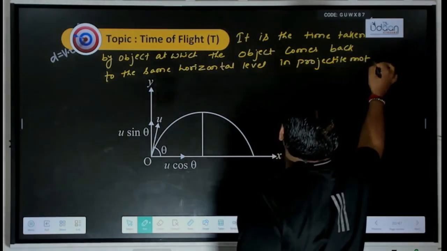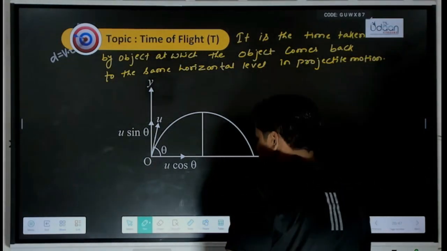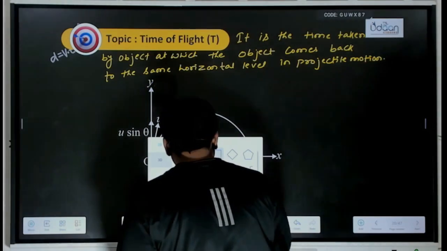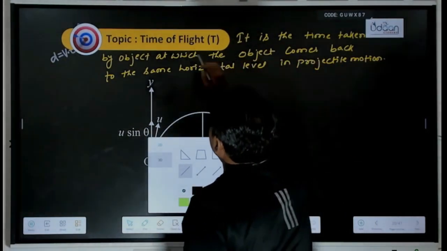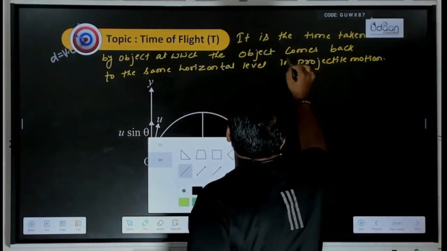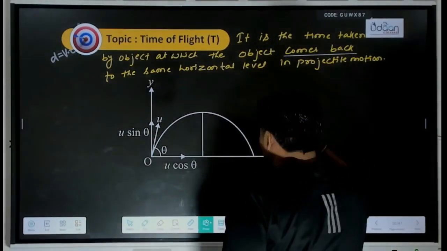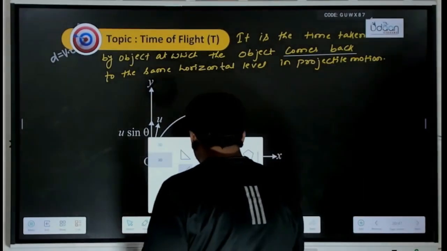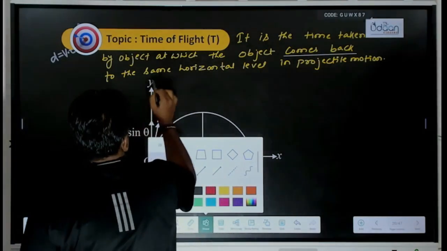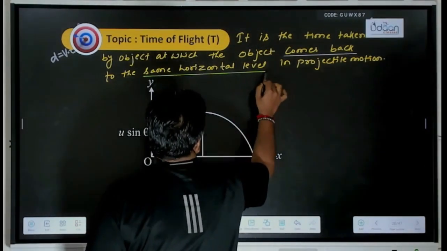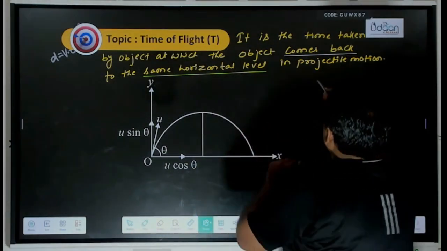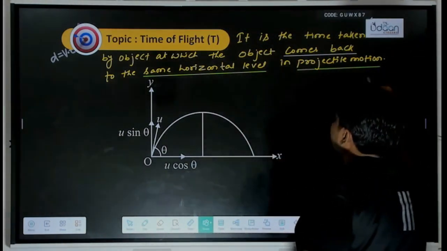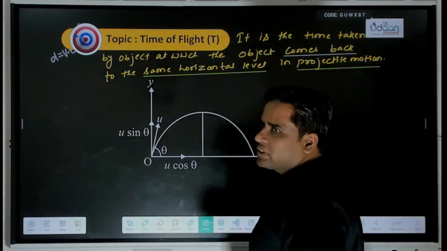What are the key points in this definition? It is the time taken by the object at which the object comes back to the same horizontal level, and we are talking about the case which comes under projectile motion.